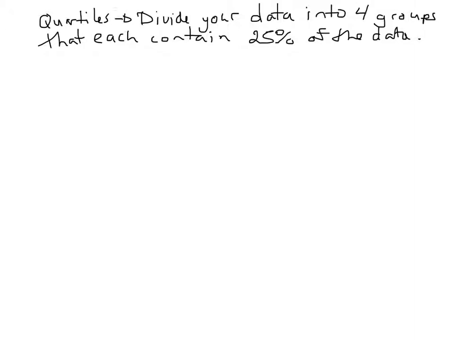This is helpful if you want to group things. So you want to know who the lowest 25% is, the highest 25% is, and the two middle 25%.